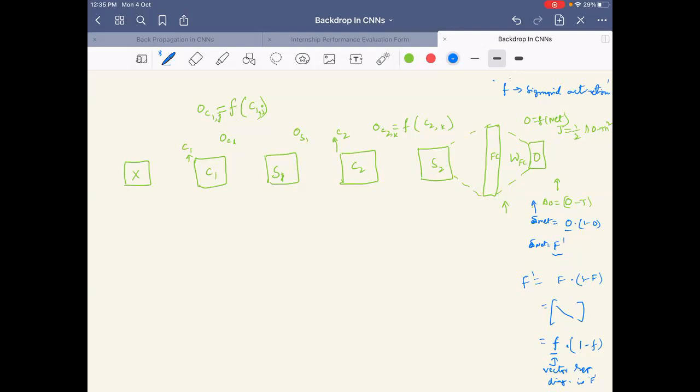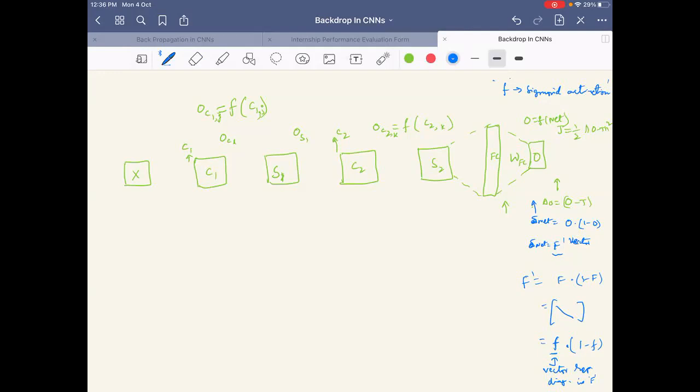Both are element-wise. So here O into 1 minus O means these are all actually vectors, directly considering the O vector, right? Okay, so now let us try to write in the same way for other layers.